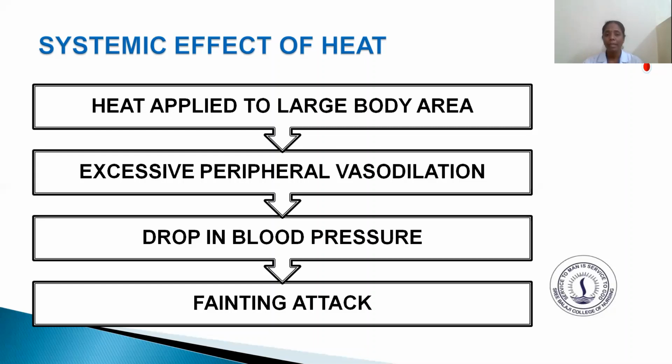When you apply the hot application over a particular area, vasodilatation is excessive, so the blood pressure decreases immediately and fainting takes place. That is the systemic effect of heat. The nurse should concentrate on these systemic effects during application.